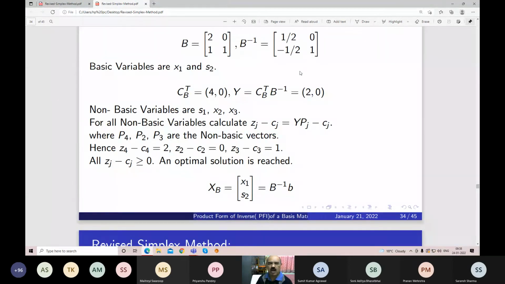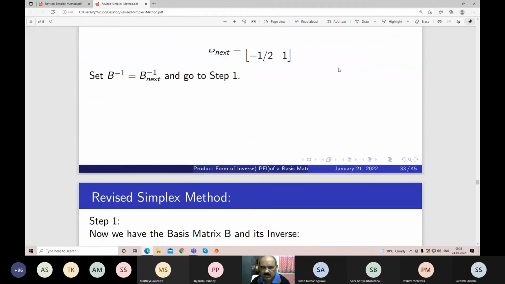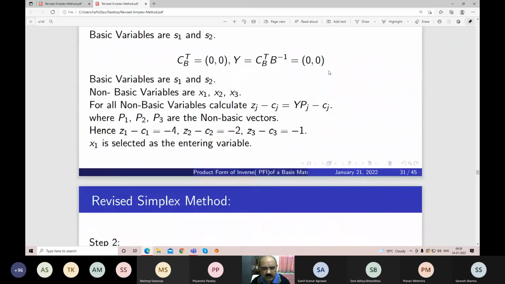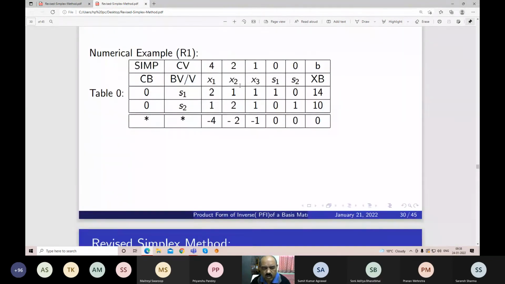So what will happen to the basis matrix inverse? One column is 2, 1, another is 1, 2. What is the inverse? Earlier it was 1, 0, 0, 1.